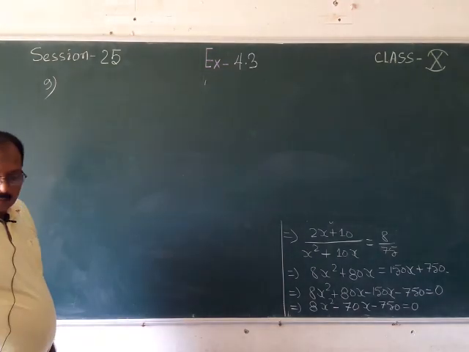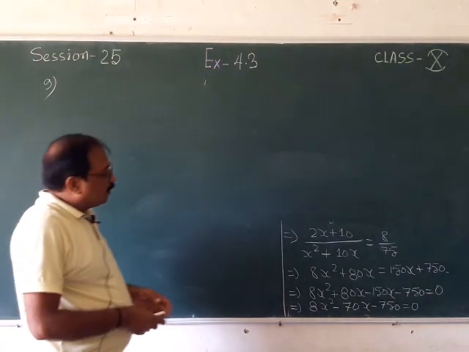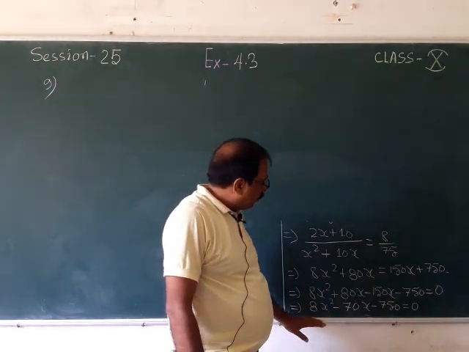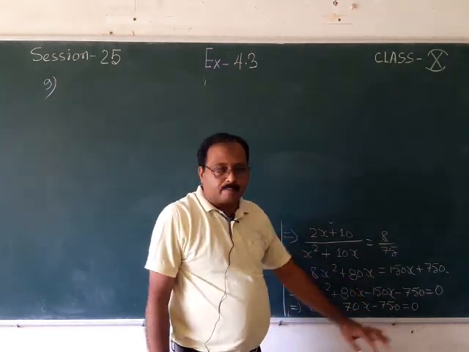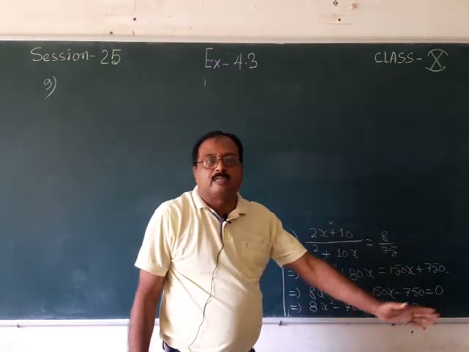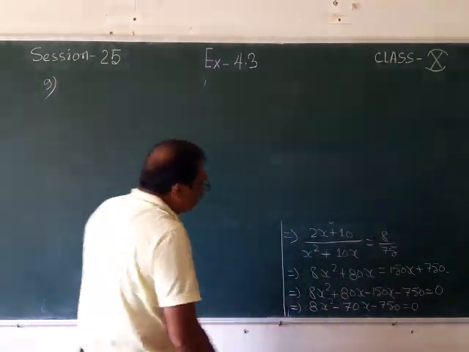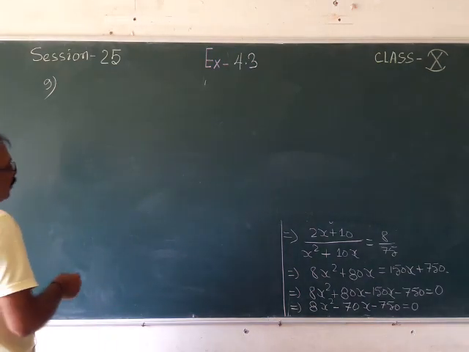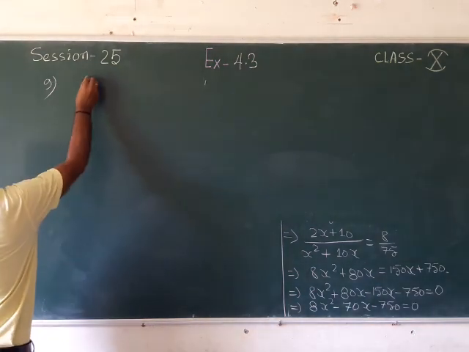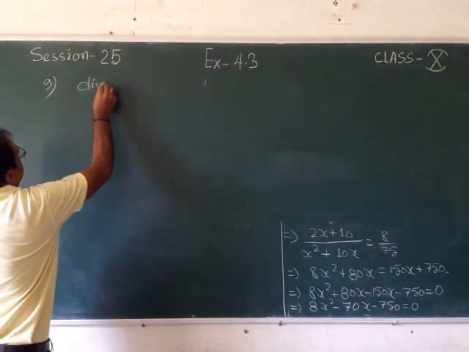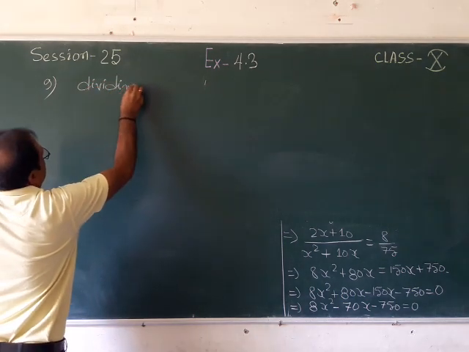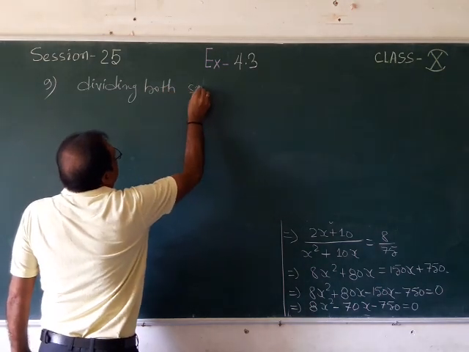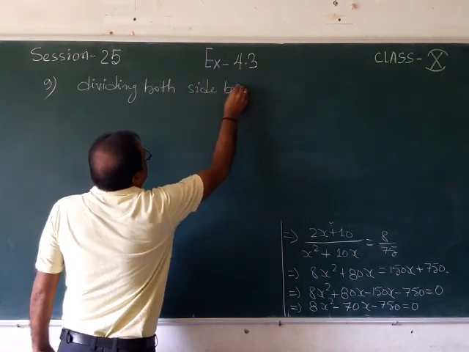Okay. Now if any number is dividing all the terms, you can divide all the terms of this equation by that number, so that you will have smaller numbers. As I can see that 2 can divide all its terms, dividing both sides by 2.